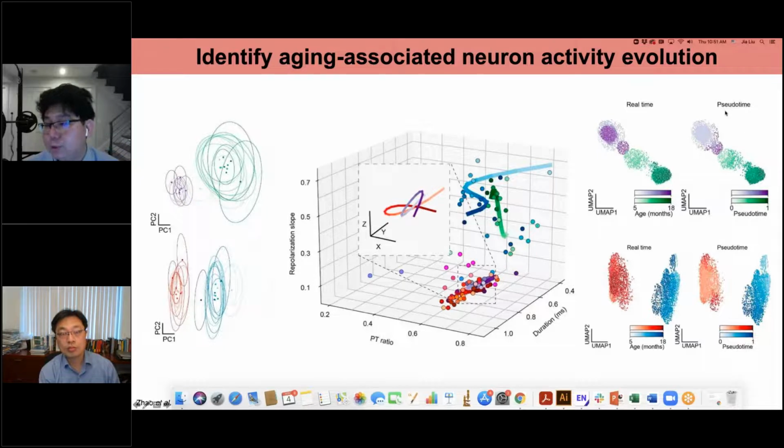We compare this pseudo time to the real time, which shows a remarkable overlap of this trend over the time course of the recording. It suggests that this electrical property change over time could be associated with the aging process.